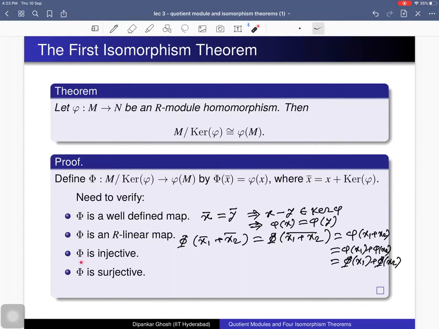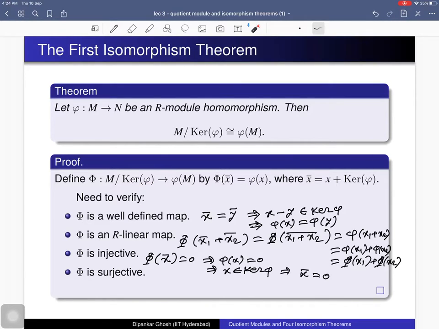And why is this Φ injective? It's easy to verify, because if Φ of x bar is 0, then that implies that φ of x is 0. That means x is there in kernel φ, and that means x bar, that equivalence class, is 0, because we are going modulo kernel φ in that quotient module.